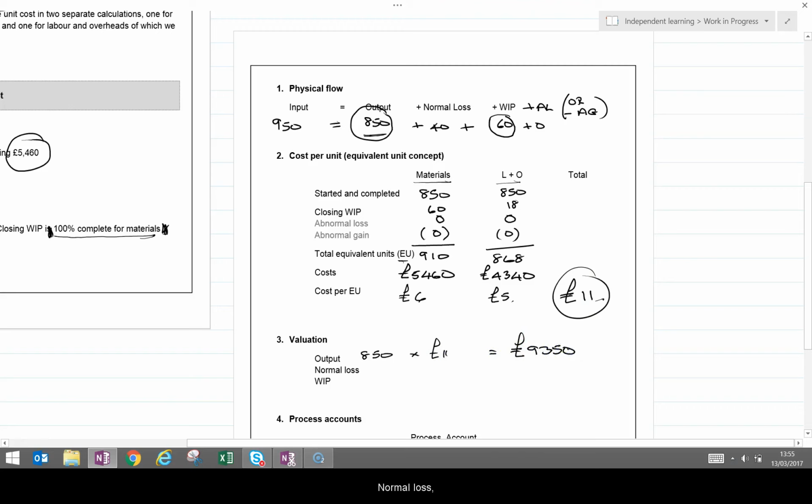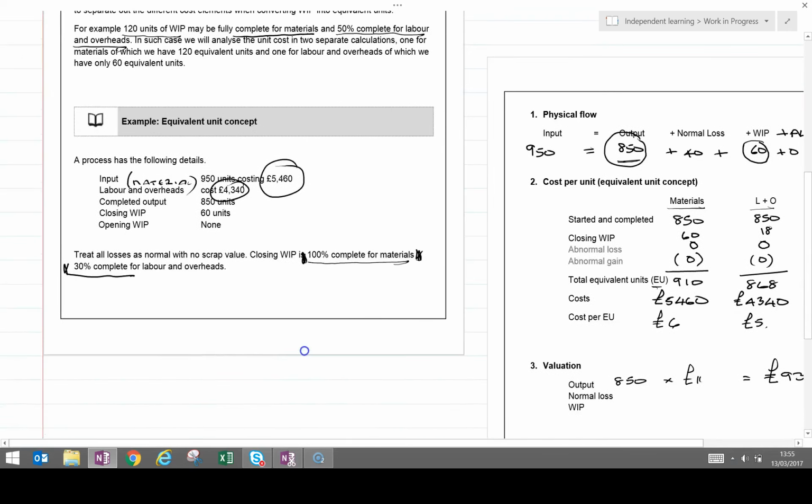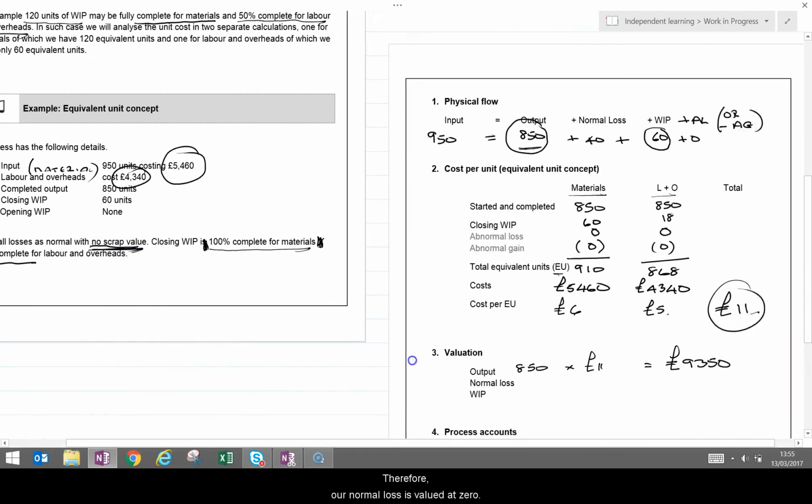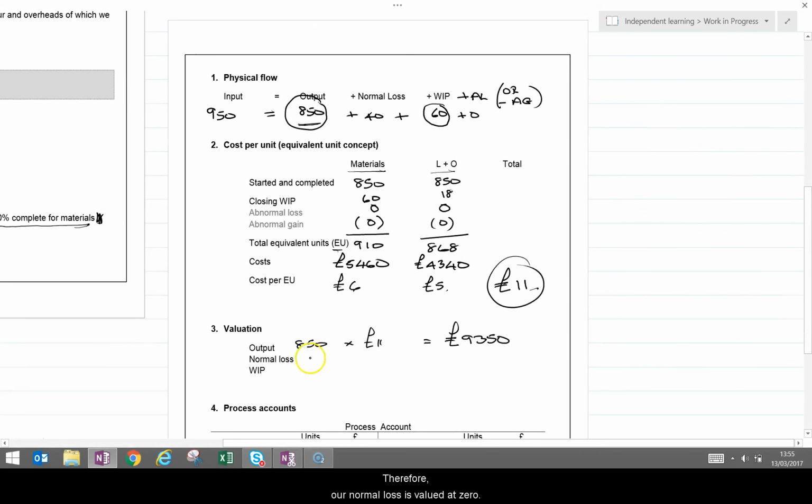Normal loss, same rules apply as before. Normal loss only has two possible valuations, either 0 or scrap value. We're told normal loss, no scrap value, so therefore our normal loss is valued at 0.